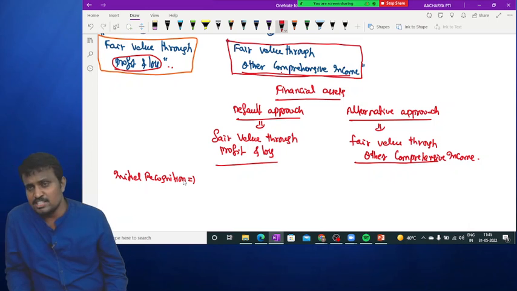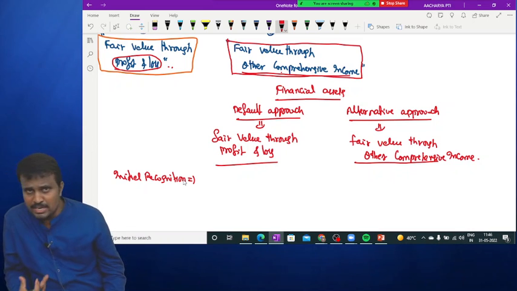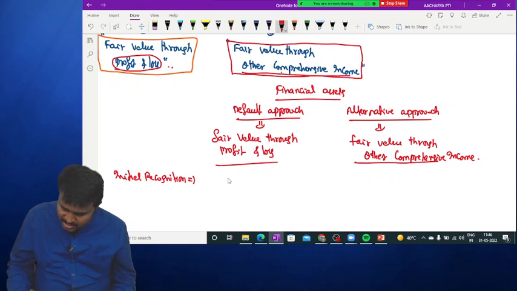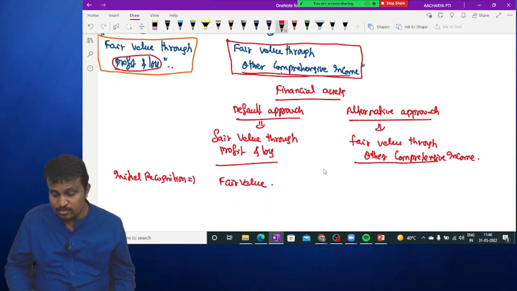When it satisfies the definition criteria relating to the asset, we classify it under the respective asset, like PPE, like inventory. Same way we follow for the financial asset also. So generally, in case of initial recognition, a financial asset is recorded at what? Fair value.